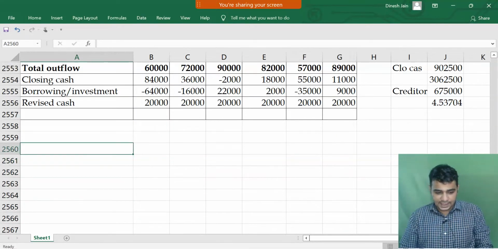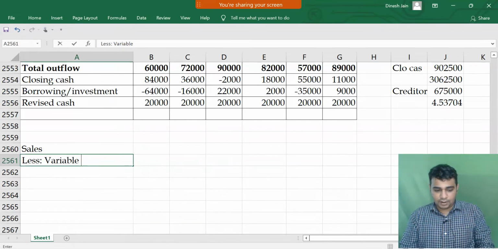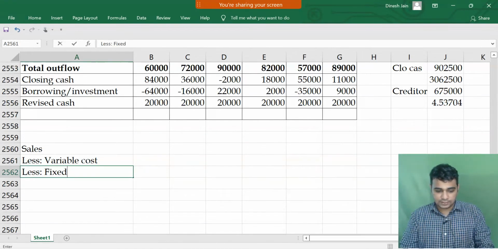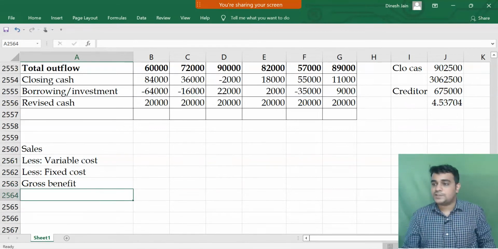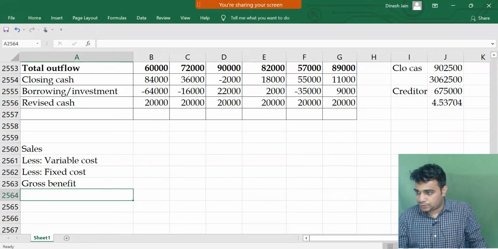We'll write sales less variable cost less fixed cost and call this as gross benefit, or technically the profit which you get.